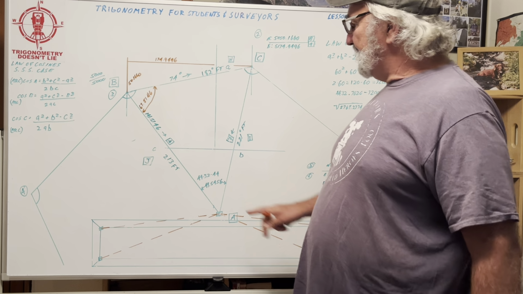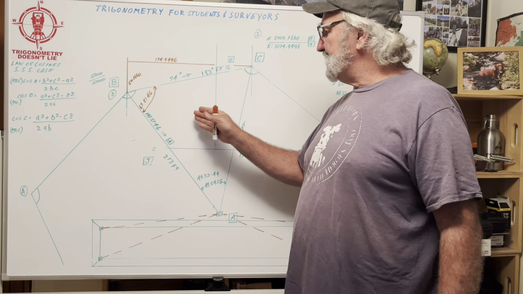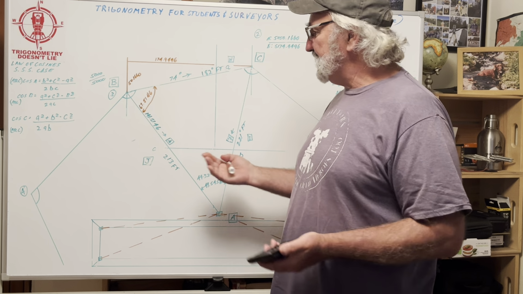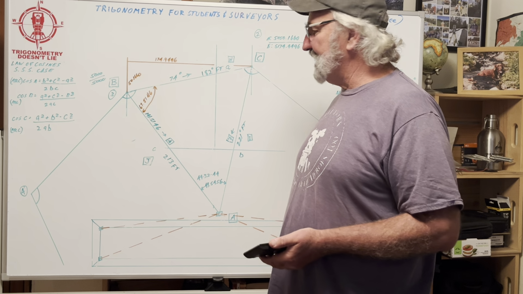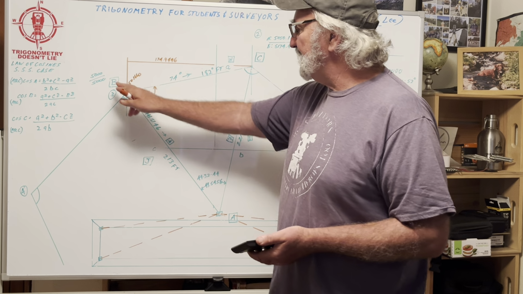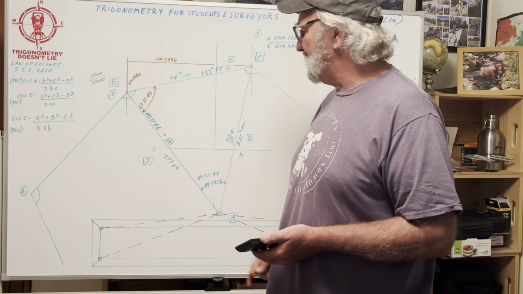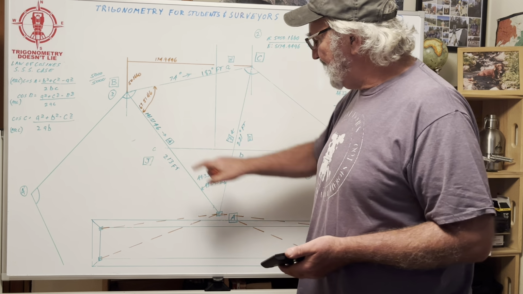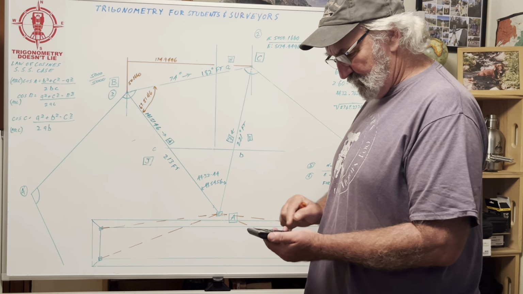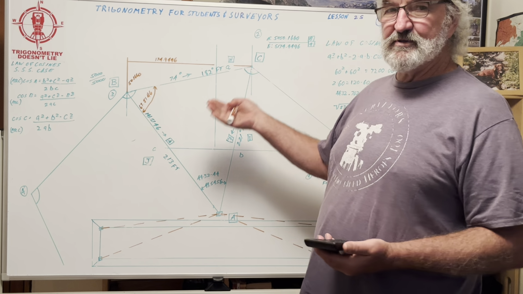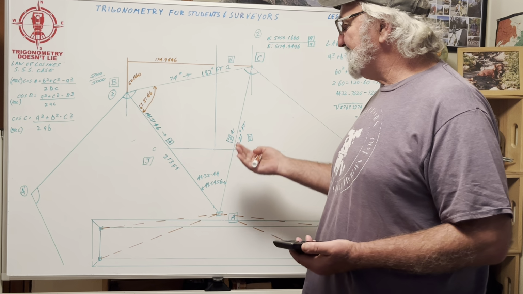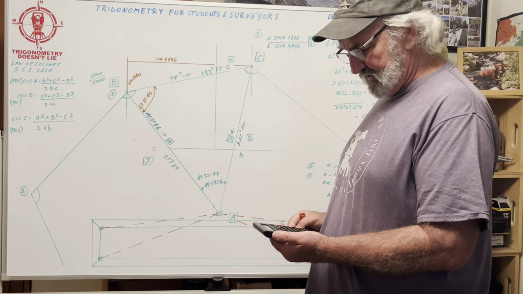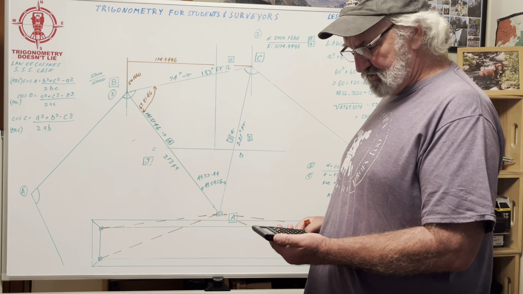So now, earlier, when we learned to traverse, we carry our coordinates called latitude and departure. That's what we're going to do here, and we're going to start out with 5,000, 5,000. So we're going to go 141, 51, 46, which I have as 4, so that makes it easy. Recall 4. Now the cosine represents the northing, sine represents the easting. So we're going to go cosine, and that's a negative 0.7828.